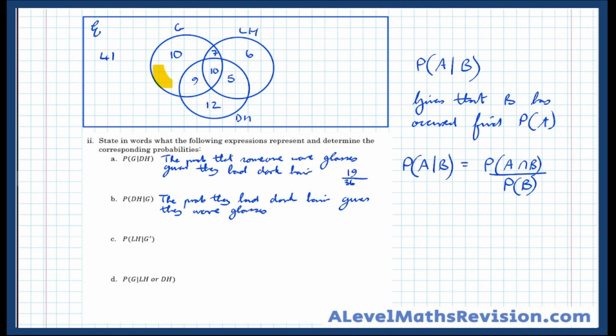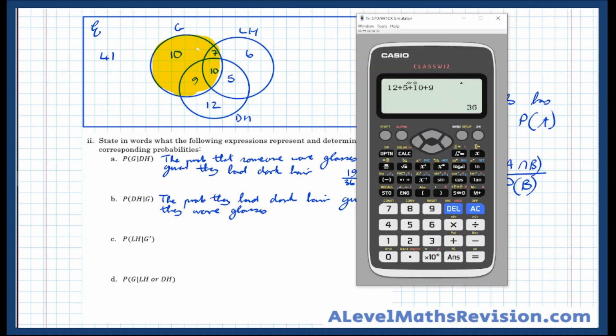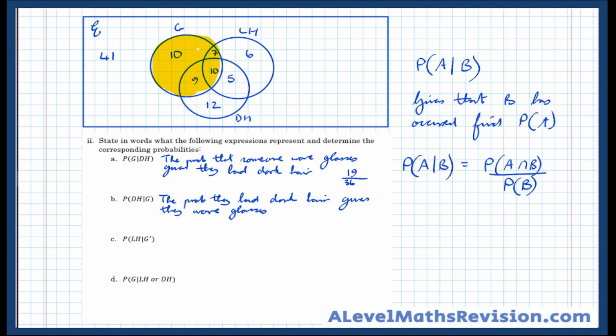So we know they wore glasses, and that's a given. So they must be in this yellow circle here. So the only numbers we're going to use are the ones in the yellow circle. So let's first of all find the denominator. It's no longer out of 100 because we're given that. We've narrowed it down. We're given that they wore glasses. So 10 plus 7 plus 10 plus 9. So it's out of 36 this time.